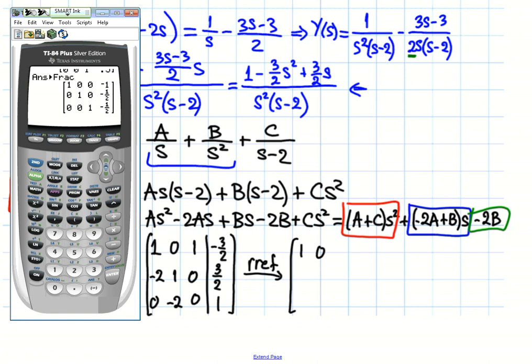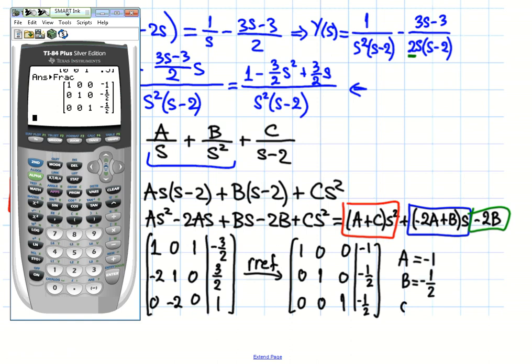On the left hand side, just the identity matrix. -1, -1/2, -1/2. So that is A. A is -1, B is -1/2, and C is -1/2.